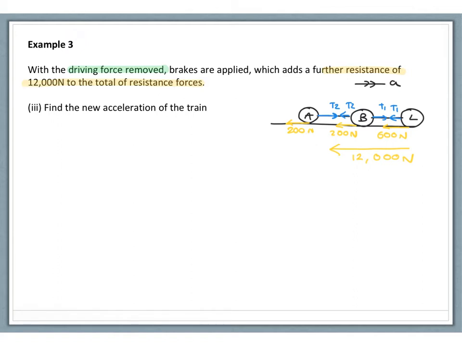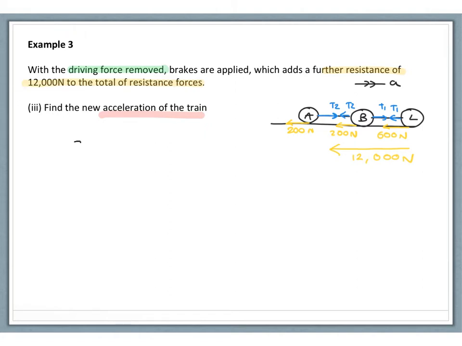So treat the system as the whole rather than using F equals ma separately on each particle. Now, why might I do that? Well, I'm only interested in calculating the acceleration, not the tension between the couplings. So by treating the system as a whole, I simplify everything and I don't have to create so many simultaneous equations, which makes my working a little bit easier.